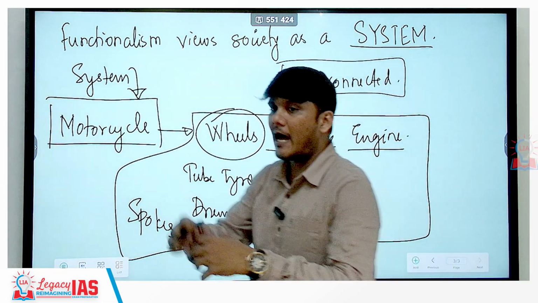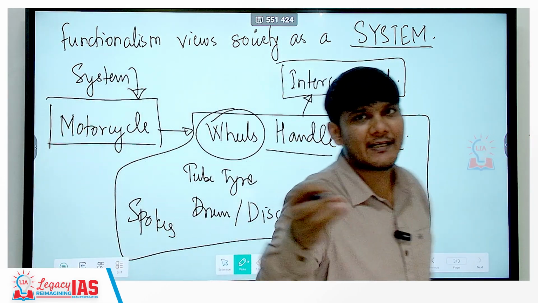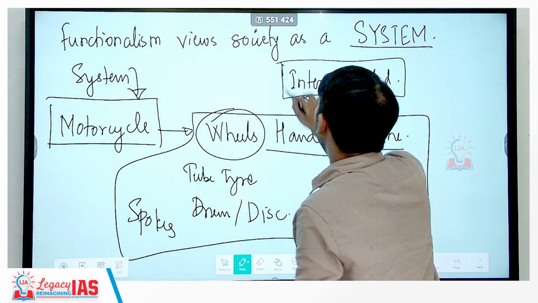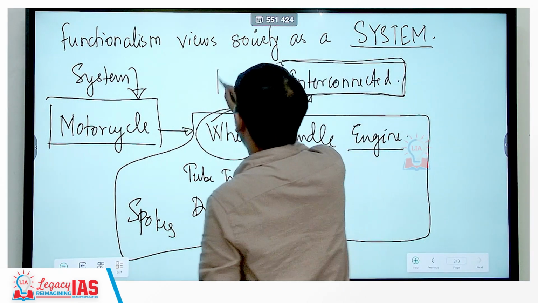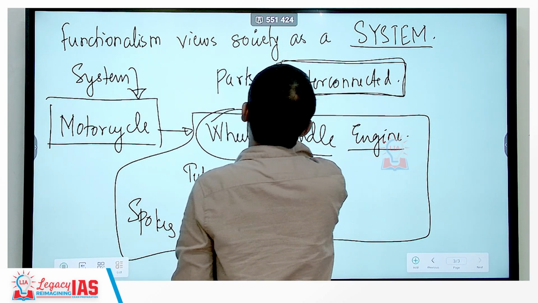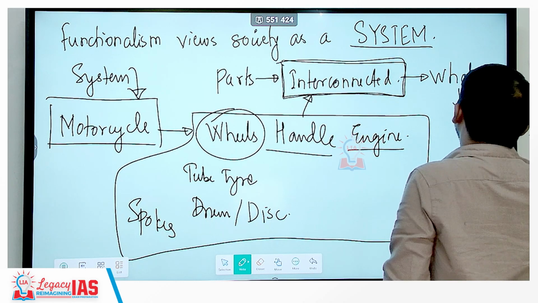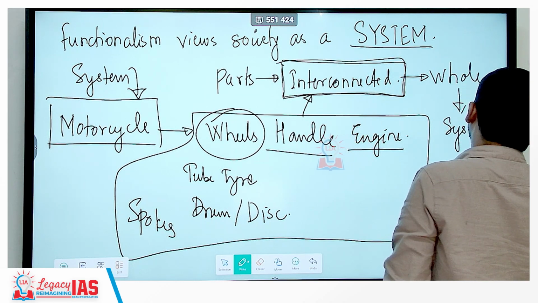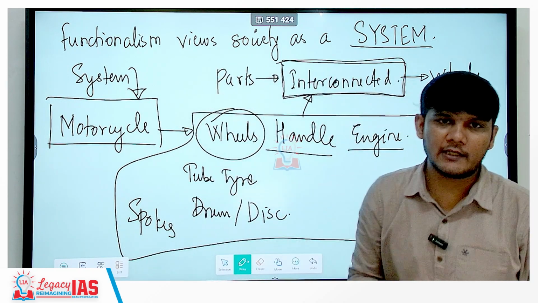You cannot in isolation call them a complete bike. When the parts are interconnected, it leads to a whole, and that whole is nothing but the system, right? And that is how society is also.